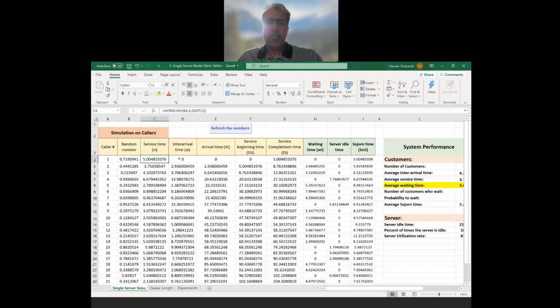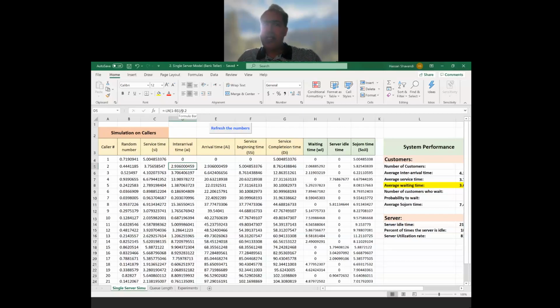Here we assume that the arrival time of the first customer is at time 0. So the inter-arrival time for customer 1 will be 0, but for customer 2, for example, we obtain the inter-arrival time using the relation for the exponential distribution. As you remember, it was minus ln(1 minus r), where r is the random number, which here is B5 for customer number 2, divided by lambda.